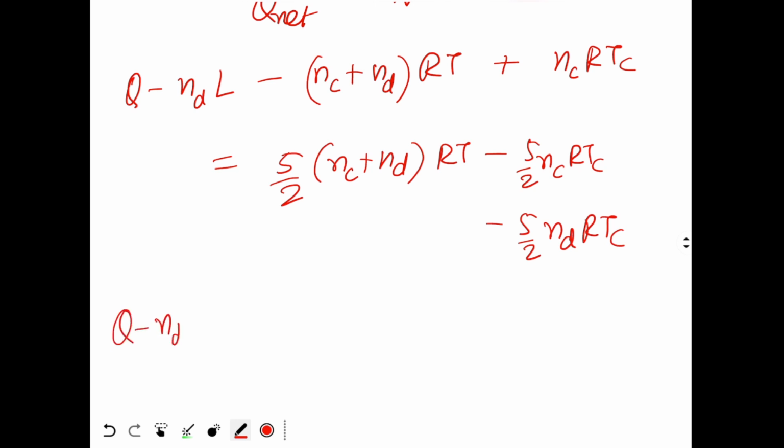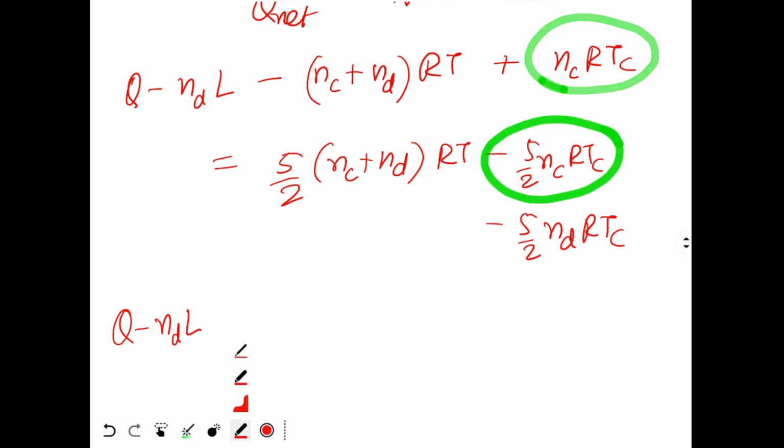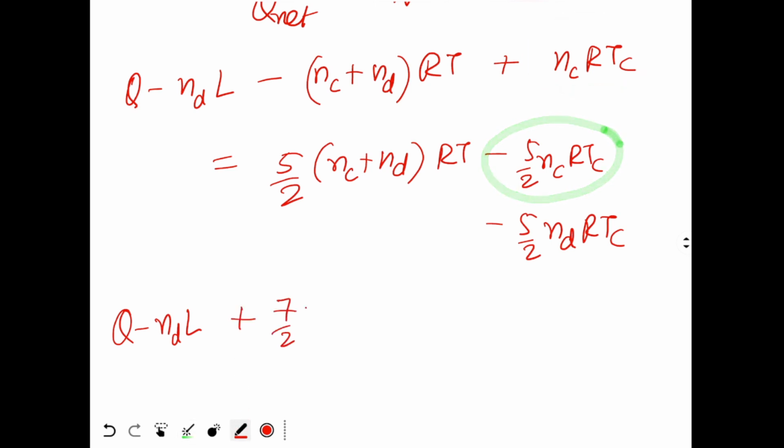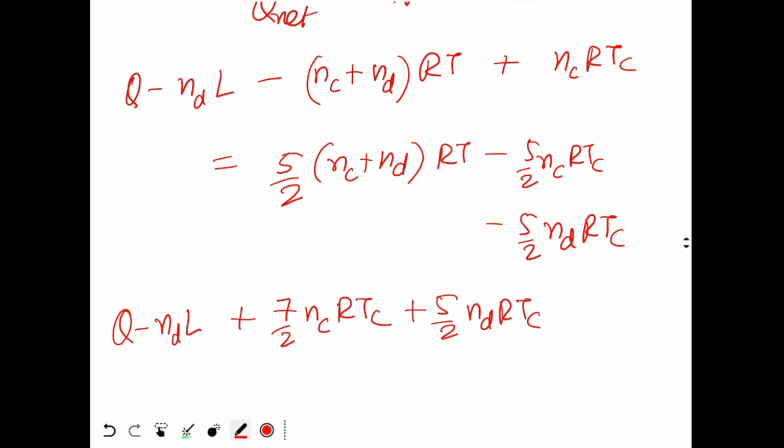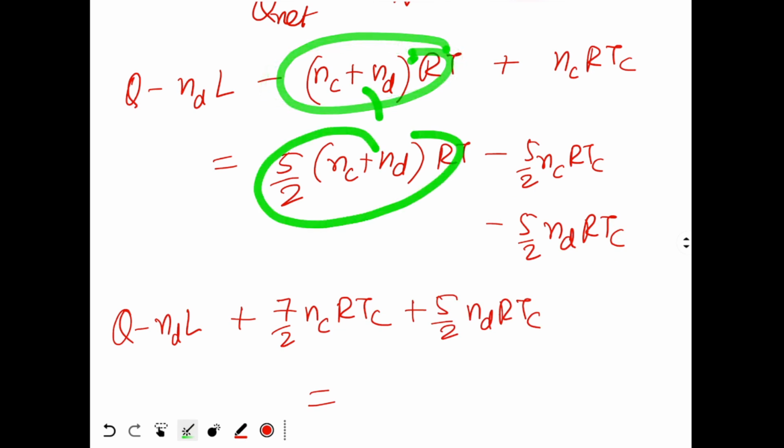So rearrange this equation. So Q minus ND L, okay, NC R Tc plus 5 by 2 NC R Tc. So we get plus 7 by 2 NC R Tc. This will go on the other side as well. So plus 5 by 2 ND R Tc is equal to, this term will go on the other side of the equation and add up with this one. So we get 5 by 2 plus 1.